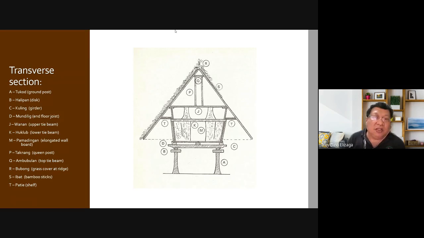and how they call the parts of the houses, like in this one. It's good for you to know also how they're called in the vernacular, because when you want to engage in construction, you will have to be dealing with people who did not go to school. And so, in order for you to understand them, you have to speak their language, and they talk about this.